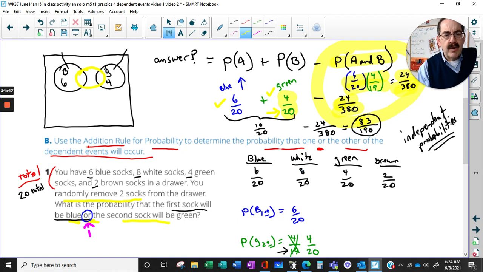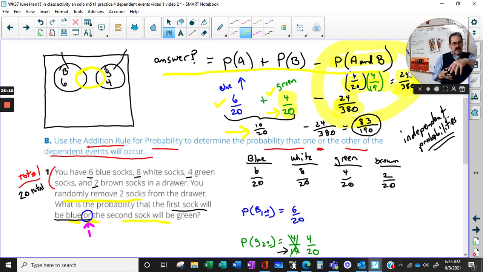So I want you to ponder over the summer. It's not fair to just say half the time. 6 and 10. Why are we not allowed to just think of 10 out of 20? Why, when we Google an OR statement, do we have to subtract out this extra piece? Where's this double up coming from that they're talking about?